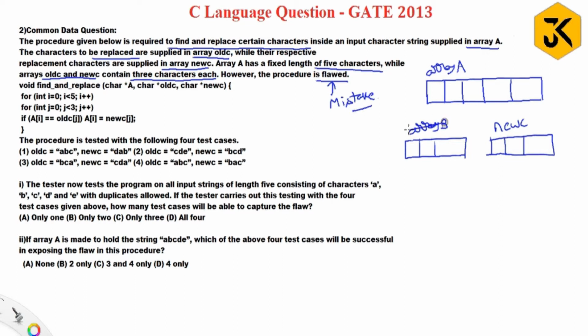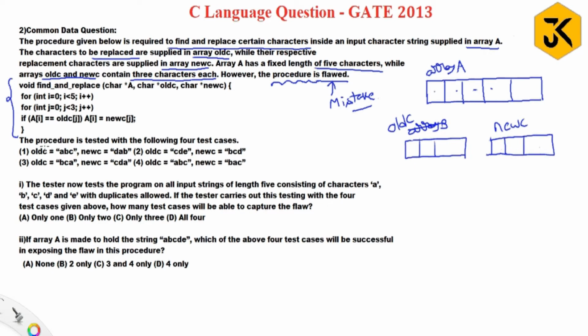This is not array B. This is oldC. According to their definition, whatever characters are there in array A, if those characters are found in oldC, those characters should be replaced with the newC. That is what they are saying. However, the procedure they have given is flawed.